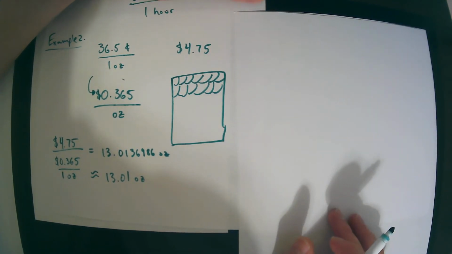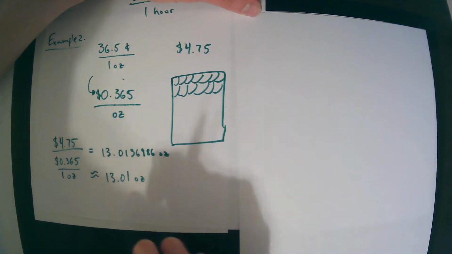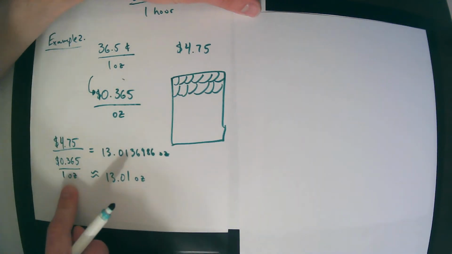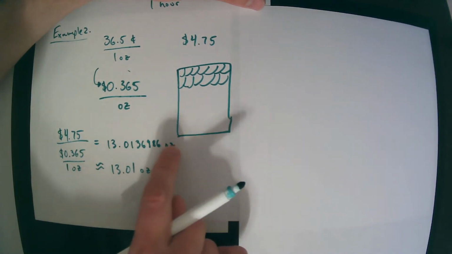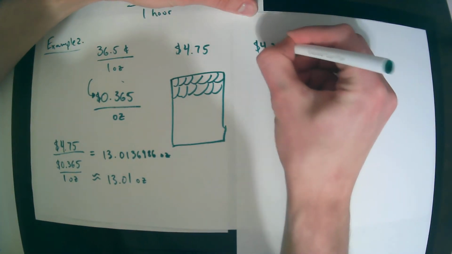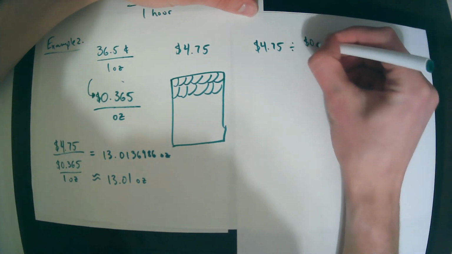It's the most useful technique for converting units and doing multiplication and division with things that have units attached. So what's going on with this little division, and how did I end up with ounces? I've got 4.75 divided by some fraction, which is measured in dollars.